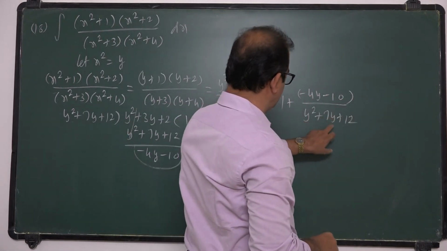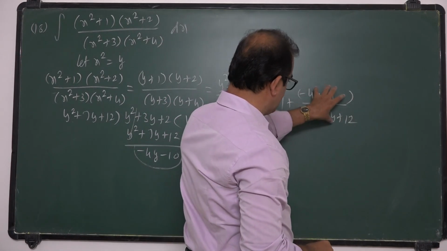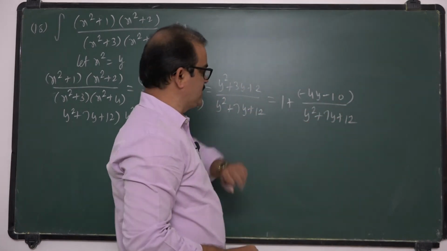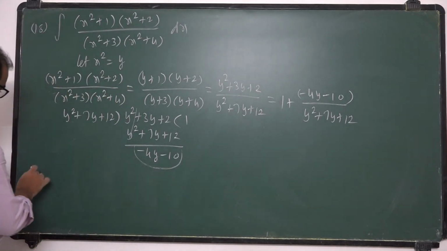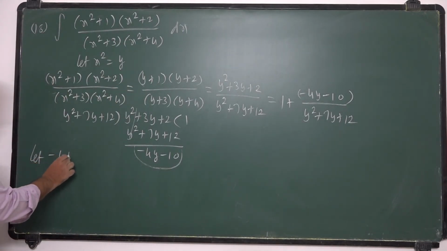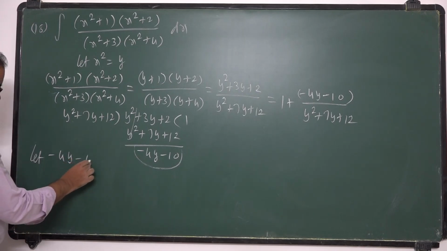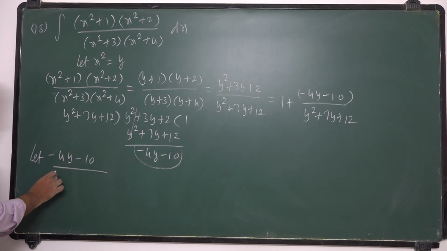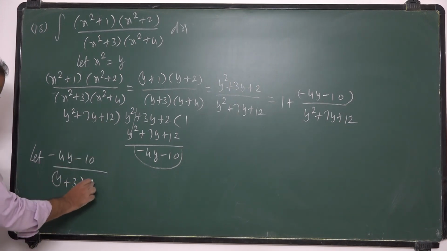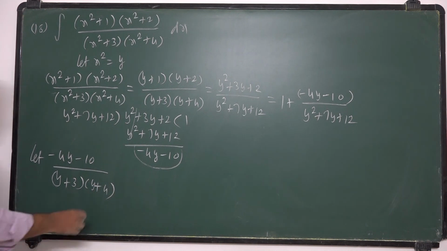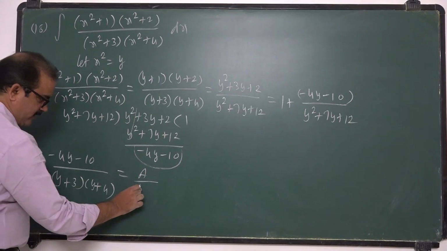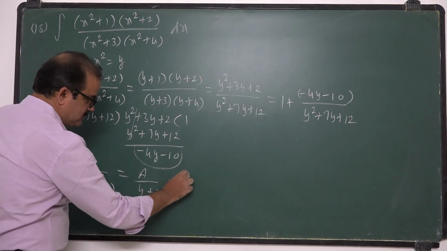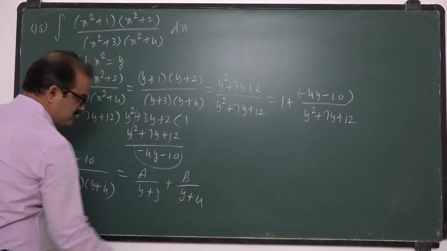Now we resolve this into sum of the partial fractions. This term, denominator is taken as y plus 3 into y plus 4. These two are linear factors, so write it as a by y plus 3 plus b by y plus 4.